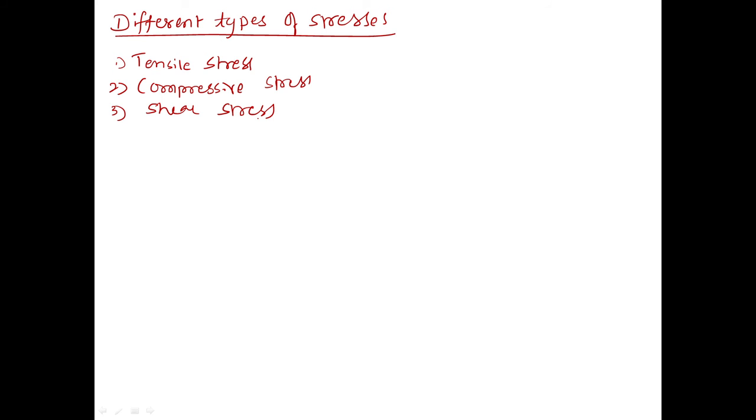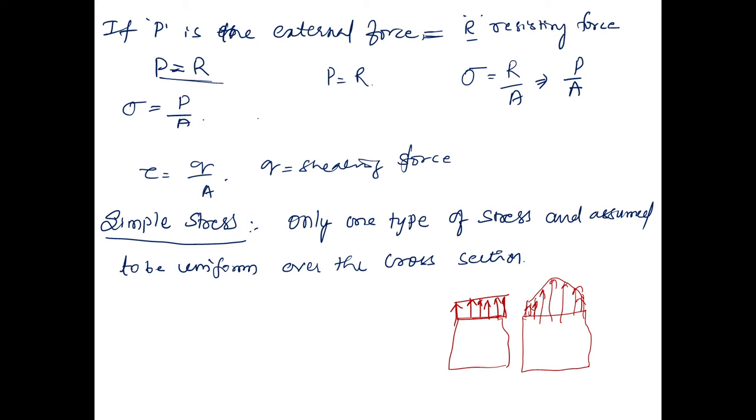Now one more important term we have left. What is the unit of stress? We have simply written here, Newton per meter square. So the unit you must take here. P is the applied load, either in Newton or kilonewton.